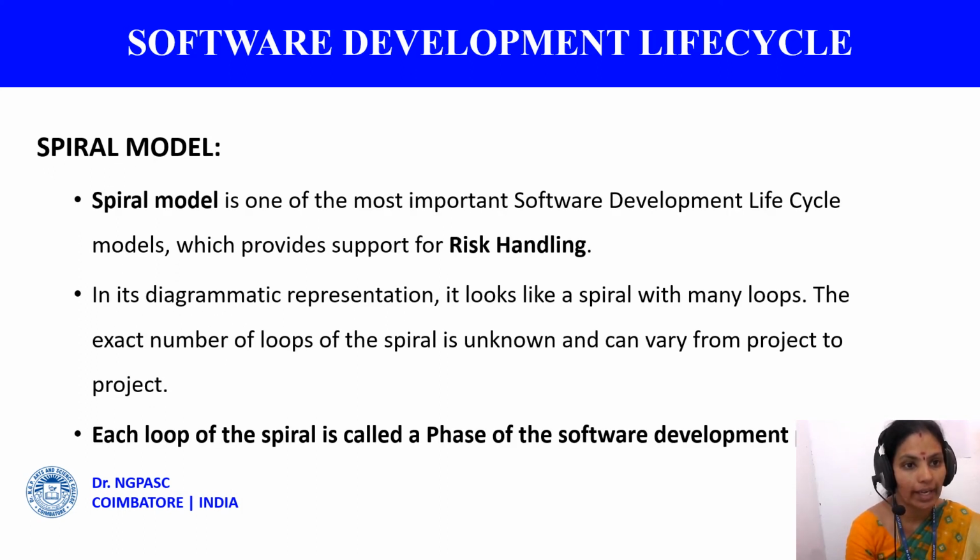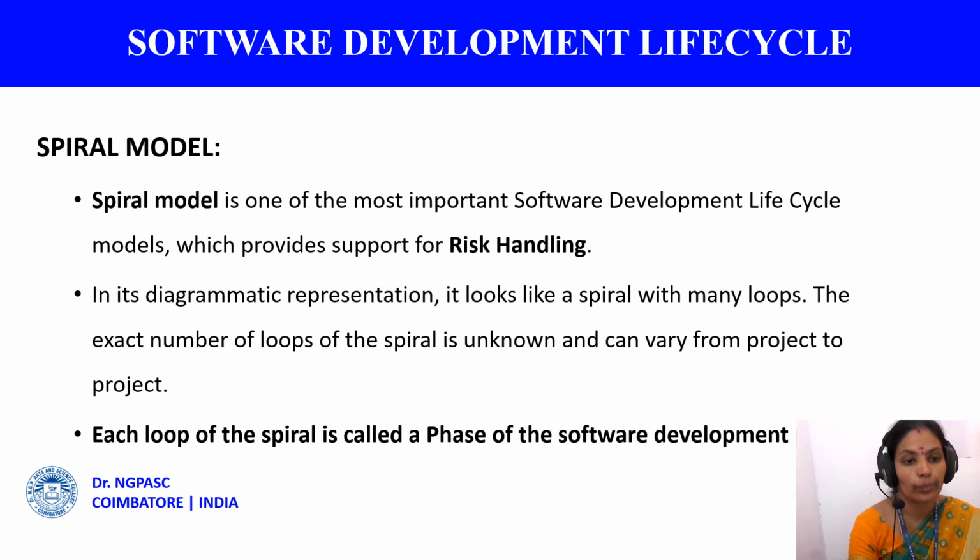Next one is the spiral model. We use the spiral model for the support of risk handling. So if we have any high risk software product development, then we can go for the spiral model. The name spiral comes to this model because it is like loopings, that looks like a spiral. We can't define the loop count before creating a product.